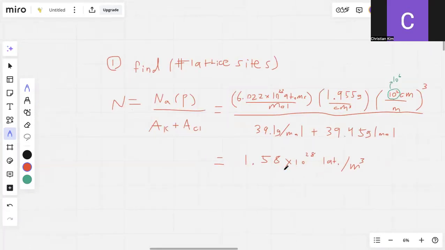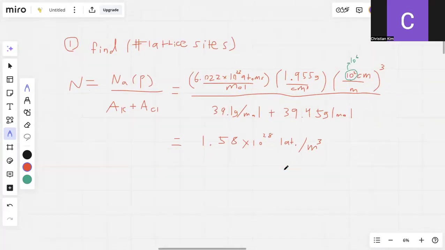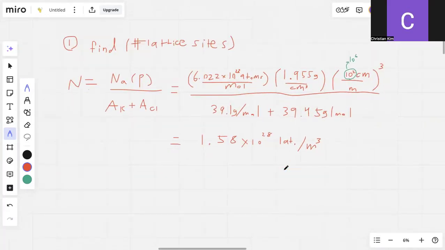Now I have the amount of lattice sites that I have within this salt KCl at a certain temperature. However, I'm trying to find specifically the amount of Schottky defects.